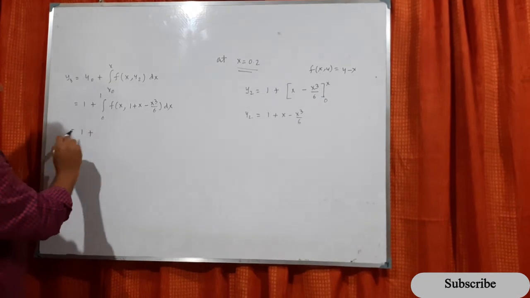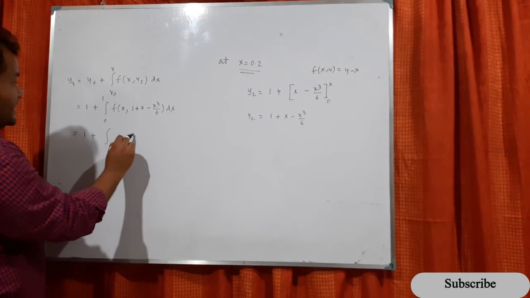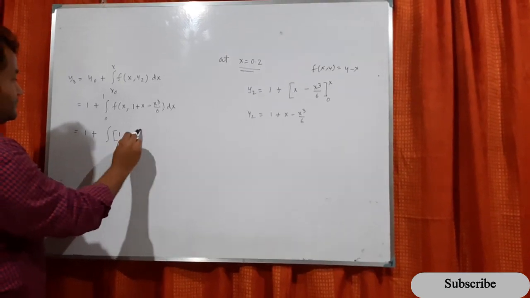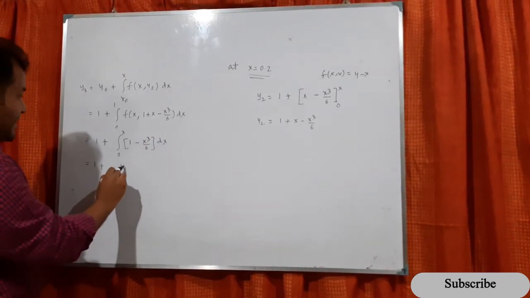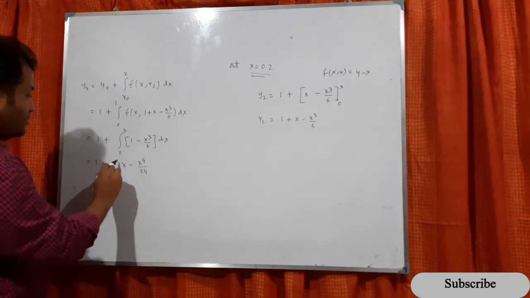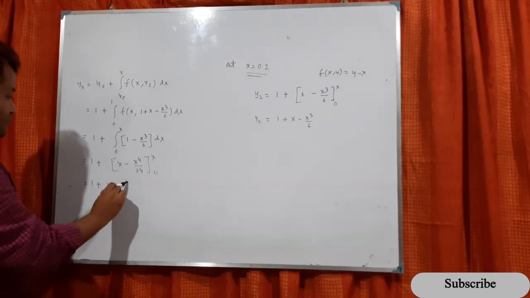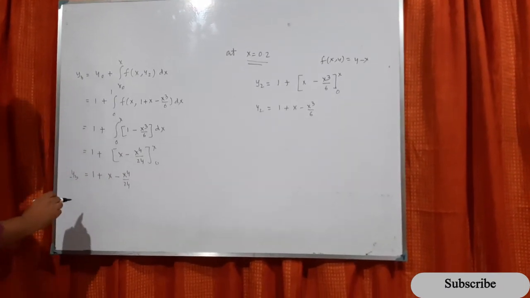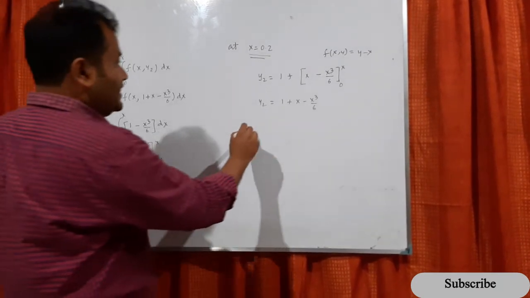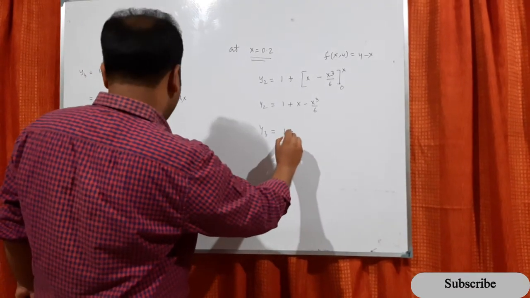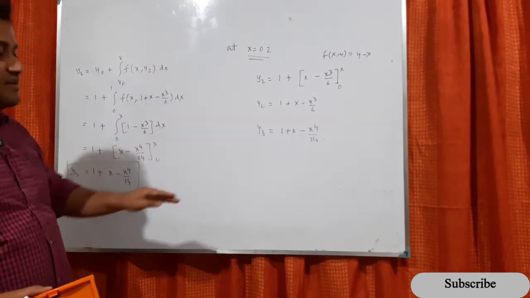So it will be 1 plus, this minus this, so the integral of 1 minus x cubed by 6, we get x minus x to the power 4 by 24. So this is 1 plus x minus x to the power 4 by 24. So we may stop here or we can go further. Finally, if I stop here, y3 we have got is 1 plus x minus x to the power 4 by 24. Say this is the solution.